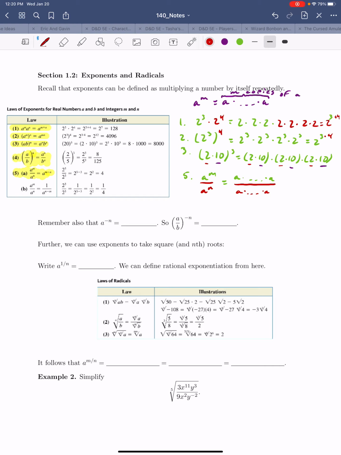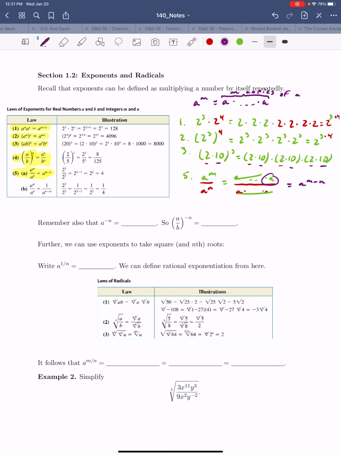Well, supposing that m is bigger, I'm going to cross off n copies of a, all of them in the denominator, and we're just left with some extras on top. So it makes sense that it's a to the m minus n. Again, if you just write out the fraction, that should be clear.